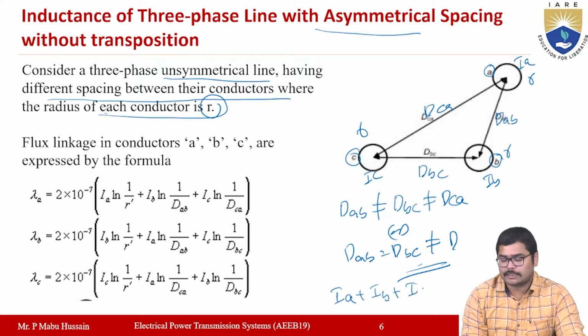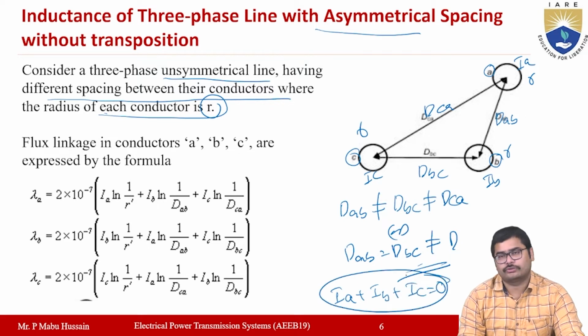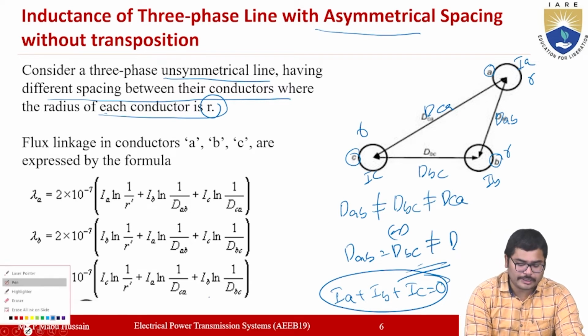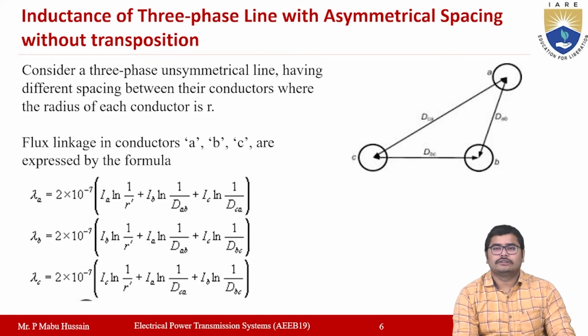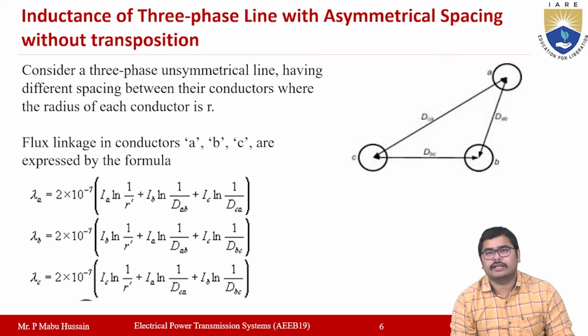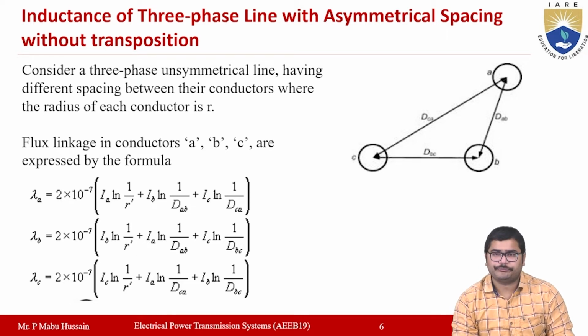IA plus IB plus IC is equal to 0. In a 3-phase transmission line system, the sum of all the currents is equal to 0. Now let us derive the inductance for this unsymmetrical transmission line.